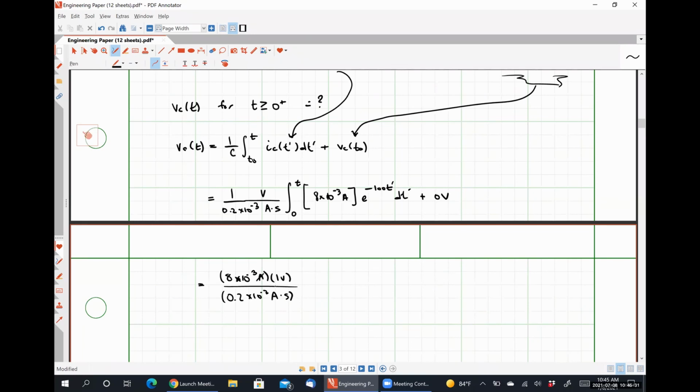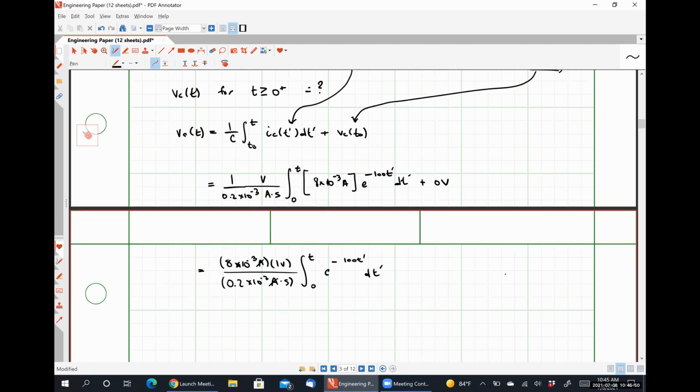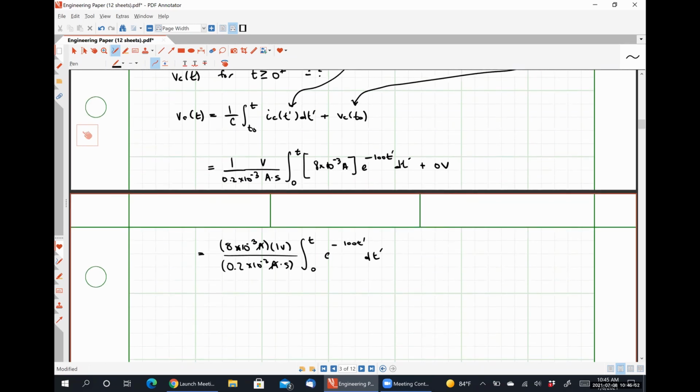So I can see that my amps cancel my amps there, so I'm left with volts per second times the integral from 0 to t of e to the minus 100t dt. So how do I take the integral of an exponential?